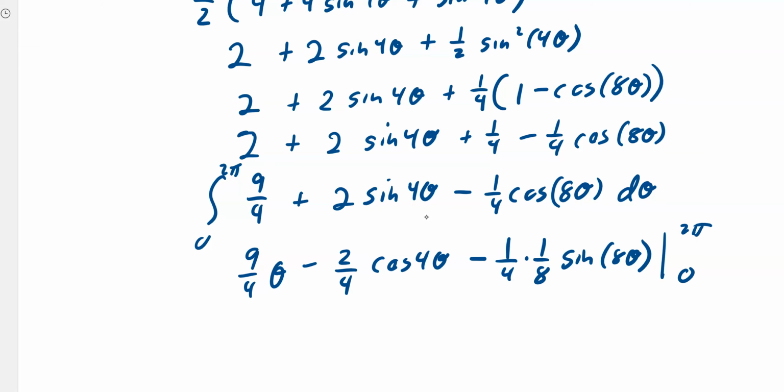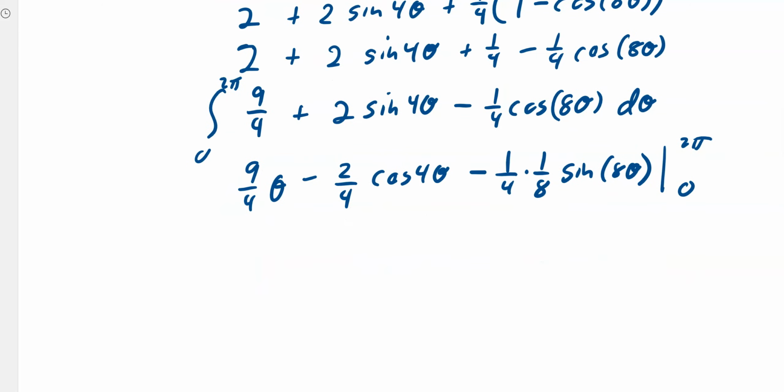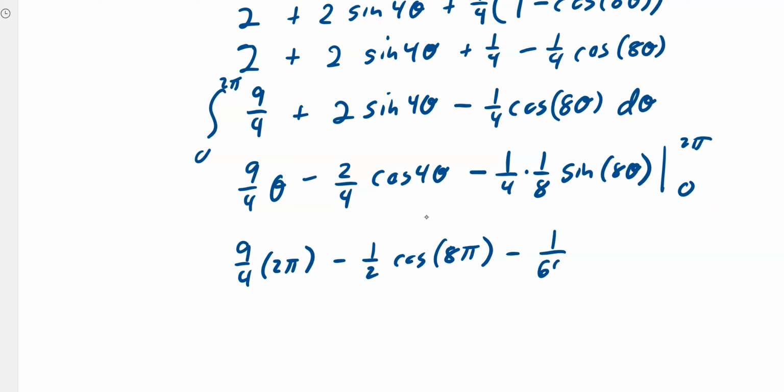2 pi and 0. So now all I have to do is plug it in. So we have 9/4 times 2 pi minus 1/2 cosine of, I'm going to just put 8 pi just because we can, minus 1 over 64, 32 sine of 16 pi. And then now we change all the signs.